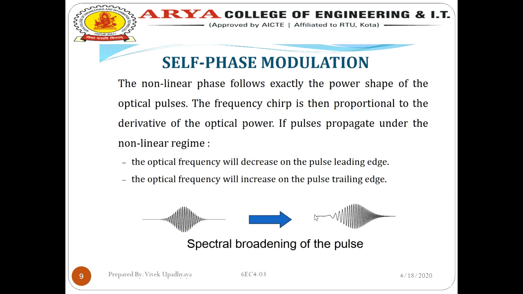The spectral broadening caused by SPM produces dispersion-like effects which can limit the transmission rate in some long-haul optical applications, depending on the fiber type and its chromatic dispersion. For ultra-short pulses less than 1 picosecond, with very high peak power, its effect can be very strong, generating a broad continuum of wavelengths.